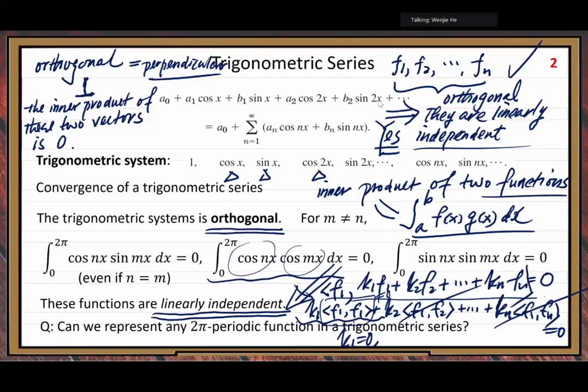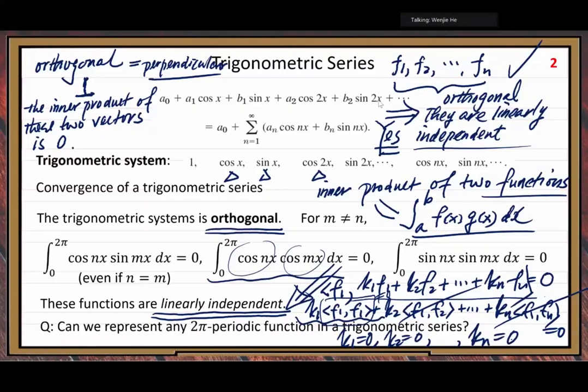Can we use f2 to do the inner product with the linear combination of the functions, also 0? If we apply f2 in the inner product, we get k2 equal to 0, right? Then we do k3, k4, all of those functions, and we get that all the k's must be 0.